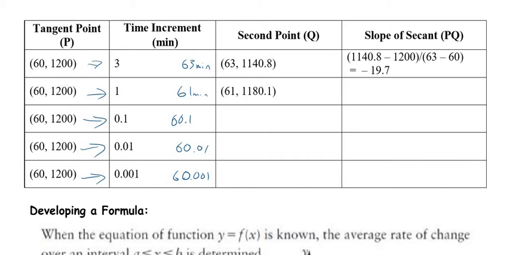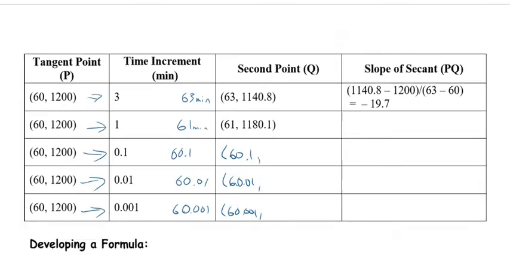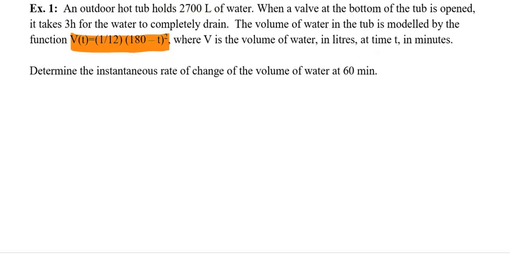So that means it's going to be 60.1, 60.01, 60.001. And all we're going to do is take those numbers there. For 63, that number 1140.8 was just found by plugging it into the formula which I've highlighted in orange.